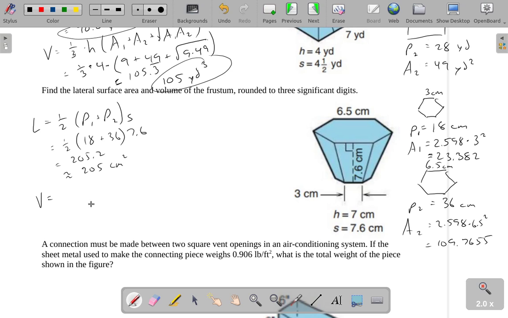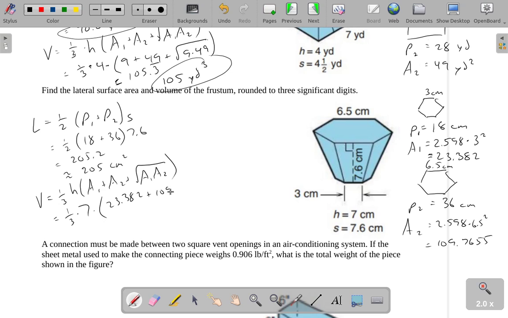For my volume, pulling this from my formula sheet, I get 1/3 height times A1 plus A2 plus the square root of A1 times A2. So 1/3 times my height, which was 7. A1 is 23.382.